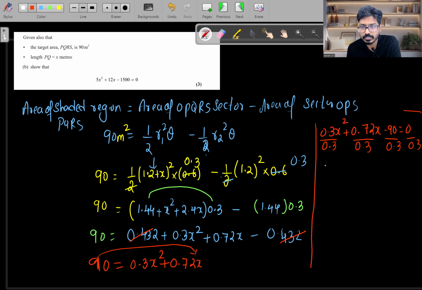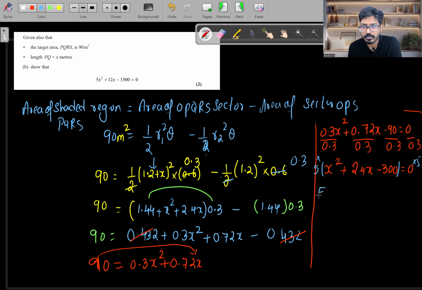If I divide with 0.3, our equation would be x square plus 0.72 divided by 0.3, that would give you 2.4x, and then 90 divided by 0.3 would give you minus 300, which is equivalent to 0. Now multiply the equation throughout with 5 so that we will get the required answer. So here we can multiply with 5, and here also we can multiply with 5.